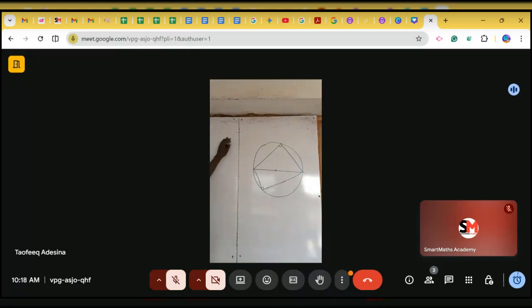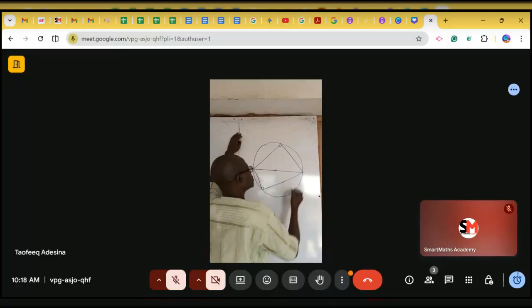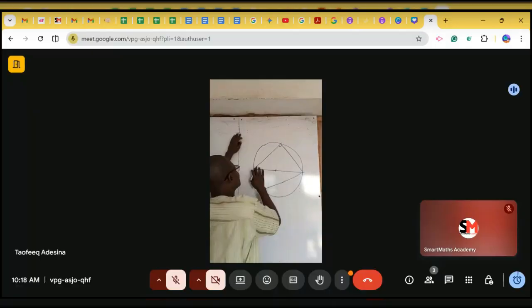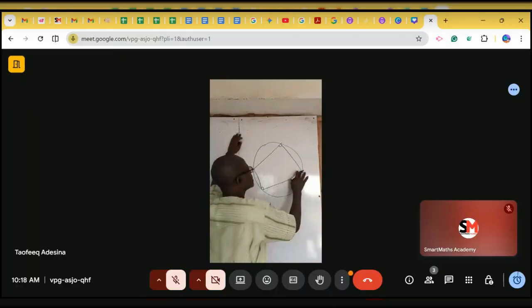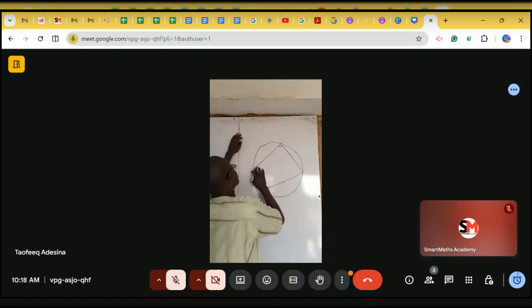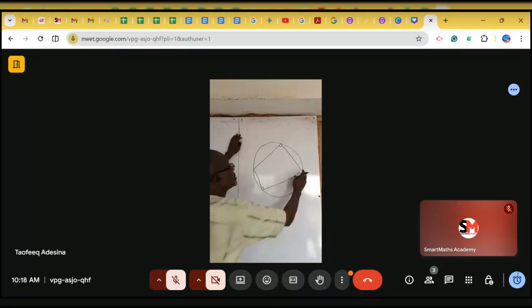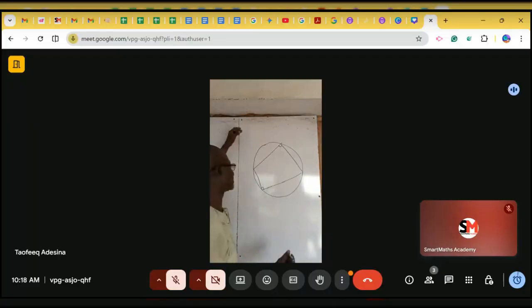The theorem we're about to discuss today has to do with what we have on the board. If I erase this, there is no more diameter. But when you look at this opposite angle, this is 90, this is also 90. You can say that the two of them add up to 180 degrees.